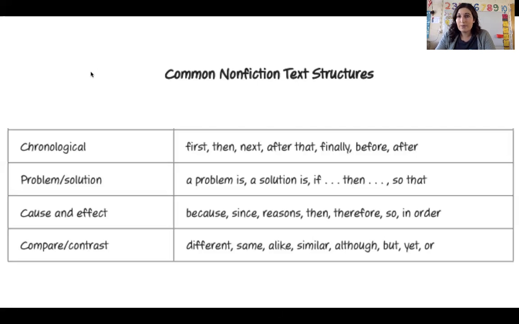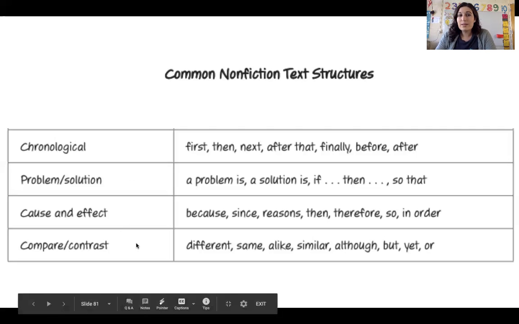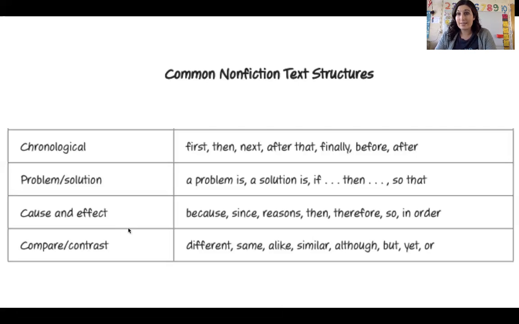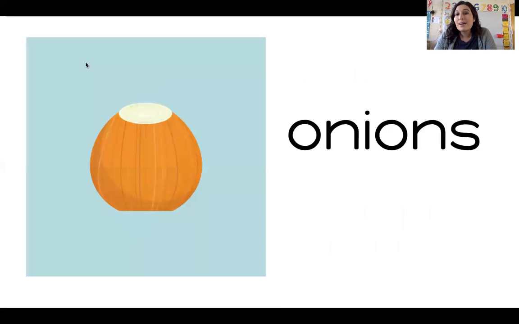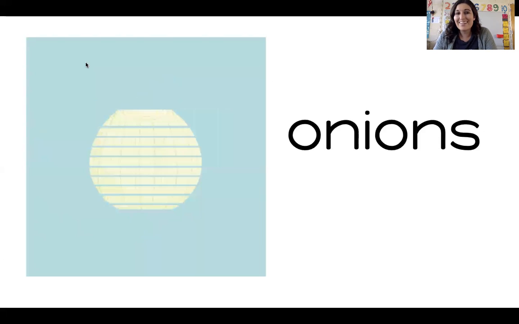Today, we are going to be reading two short nonfiction texts, and you will be looking for these different types of text structures in the text that we read. Both texts are going to focus on the topic of onions.